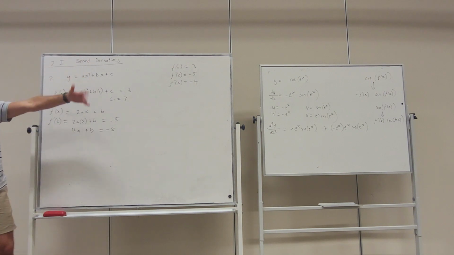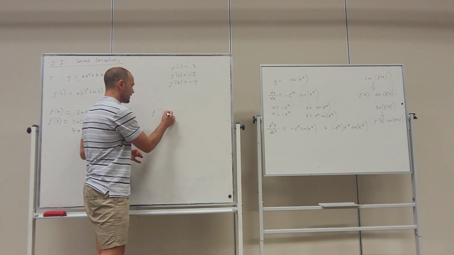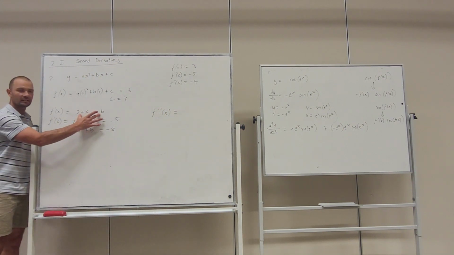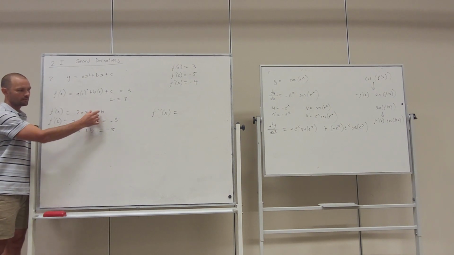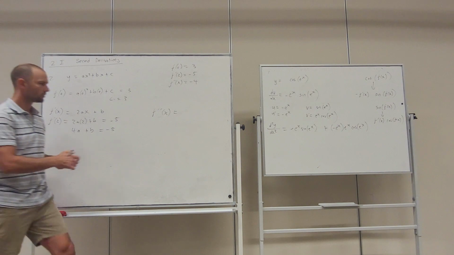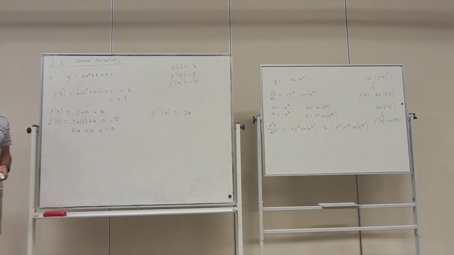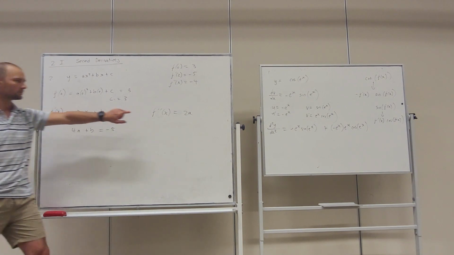Let's move on and use the next piece of information, f dash dash of x. So that means I'm finding the second derivative. I'm differentiating the derivative. That's going to be this one. So the derivative of 2ax will be 2a. The derivative of b is 0. Alright, 2ax is the same as kx, the derivative of kx is k, derivative of 2ax, 2a.